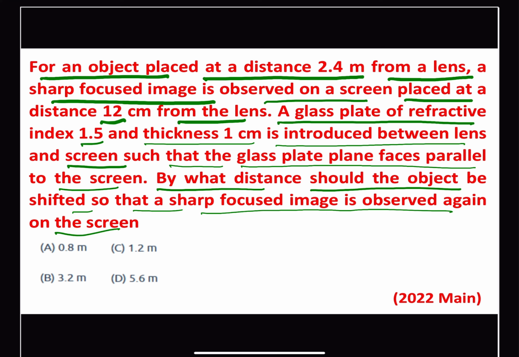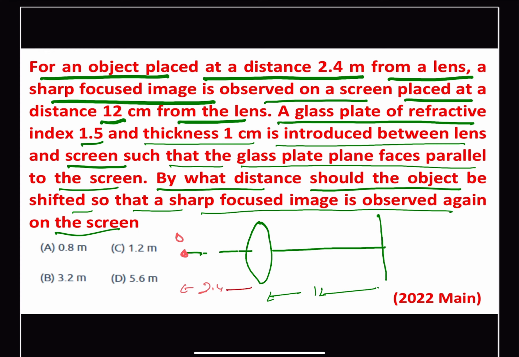So here we can just draw an approximate figure. We are given a lens, this is our lens, and this is the principal axis, and we have a screen. The distance between the lens and the screen is given as 12 centimeter to us, and we have object O at 2.4 meters.